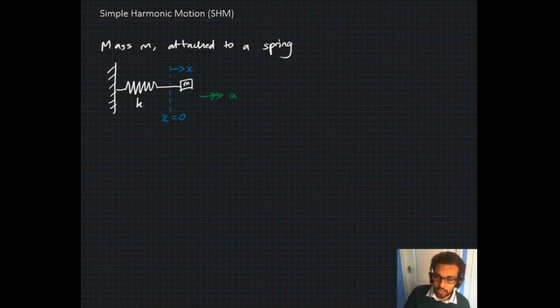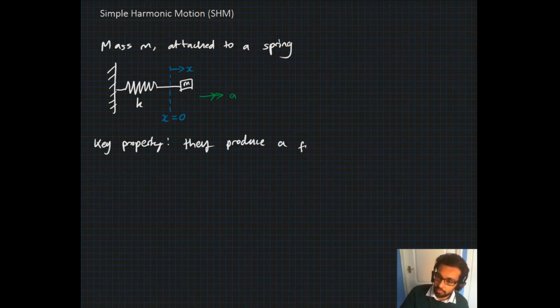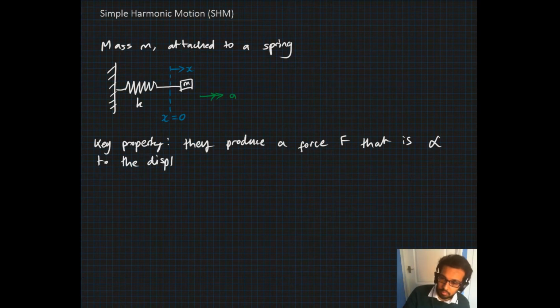So the key property of springs is that they produce a force F that is proportional to the displacement x from their natural length.